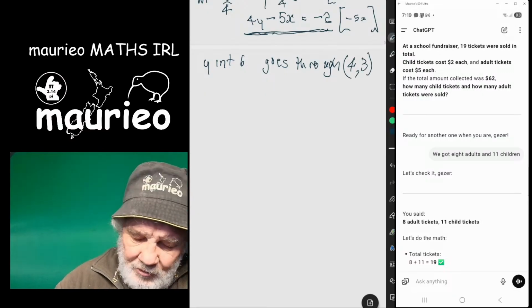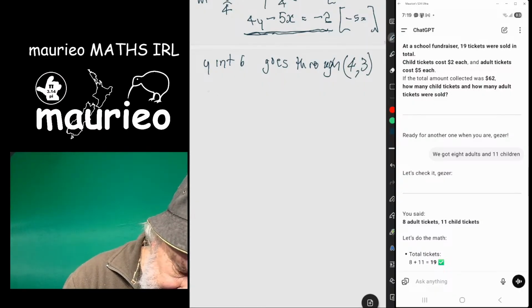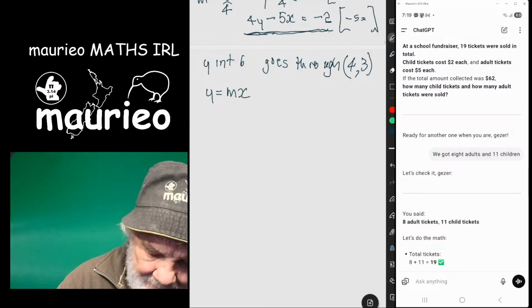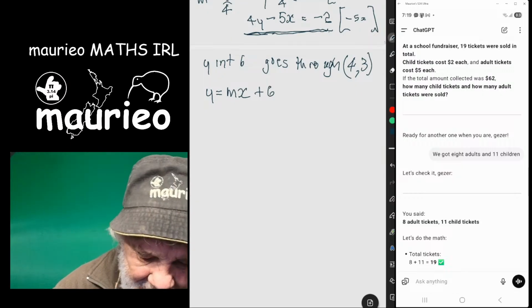Okay, so we can say y equals mx plus 6, because that's our y-intercept.